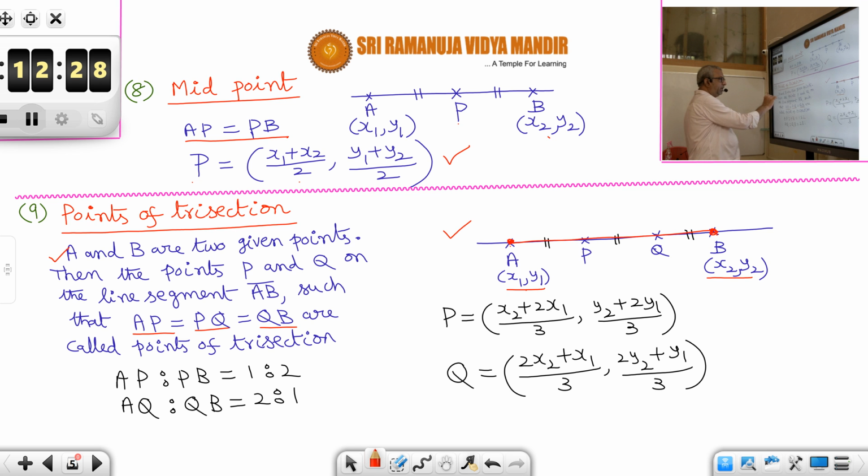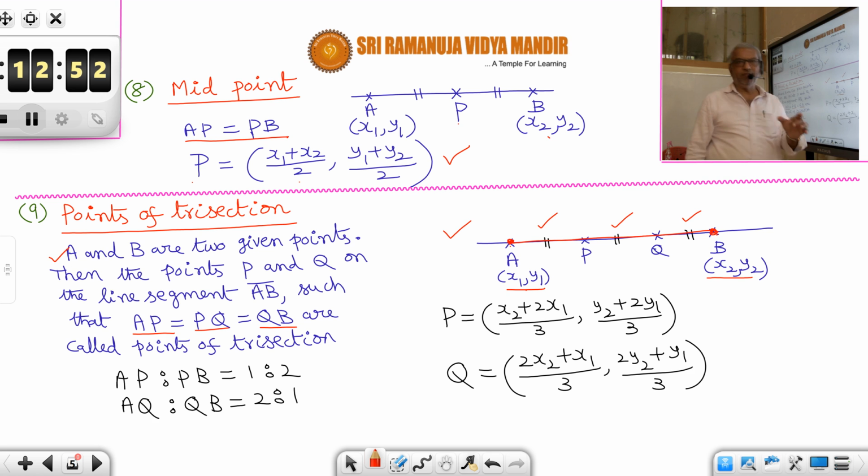See, read here. A and B are 2 given points. Then the points P and Q on the line segment AB. That means between A and B only. They should lie between A and B only, such that AP is equal to PQ is equal to QB.